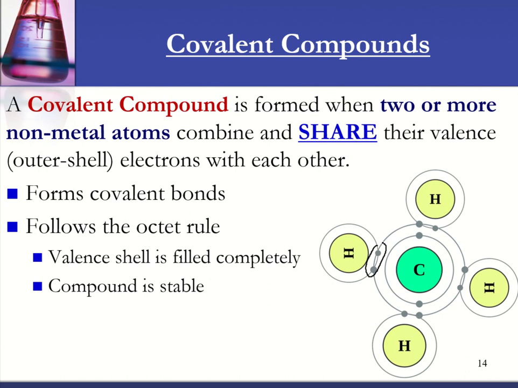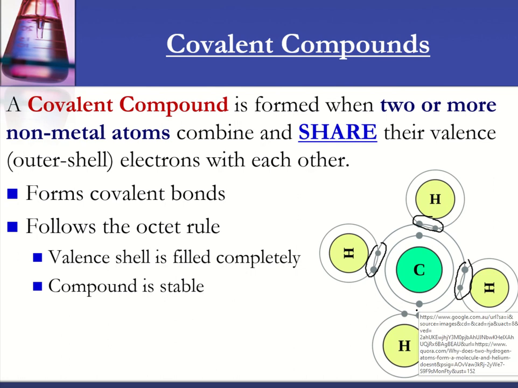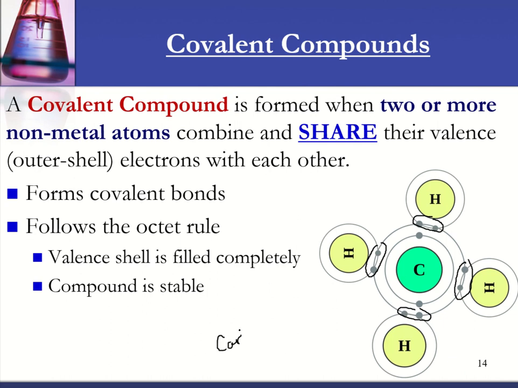So you can see that each hydrogen here has two electrons in its valence shell. If you also look at the positioning of carbon on the periodic table, carbon is in group 4, which means it needs an additional 4 electrons to obtain a full outer shell.